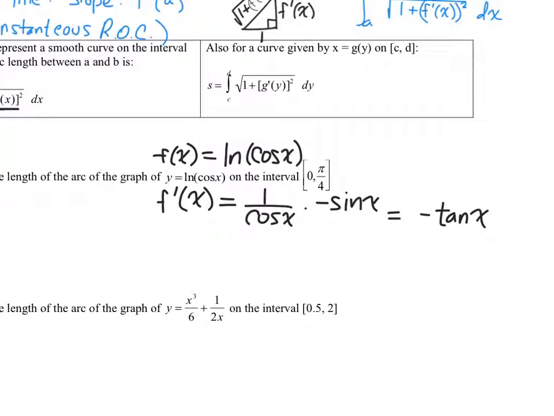It's not something you need to clean up too much. You can write it as negative sine over cosine, but if you want to type this in your calculator, you want the cleaner expression. The cleaner the expression, the better.